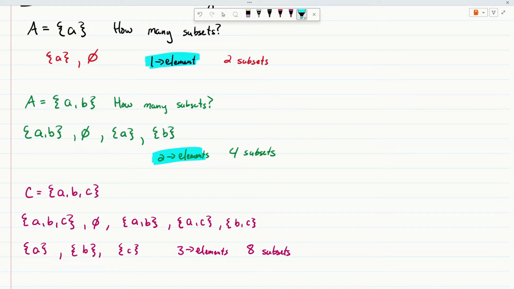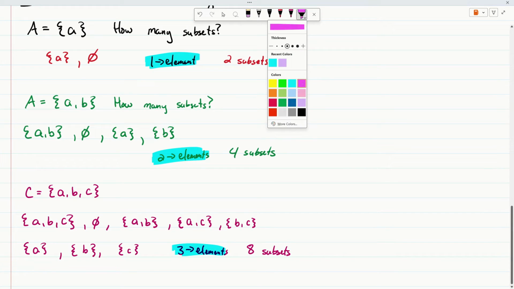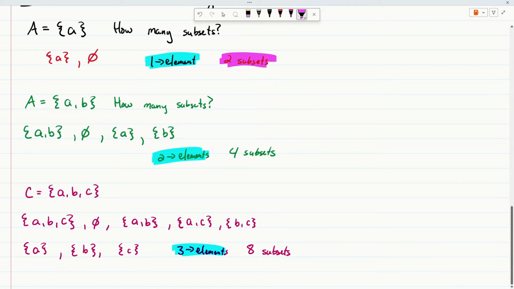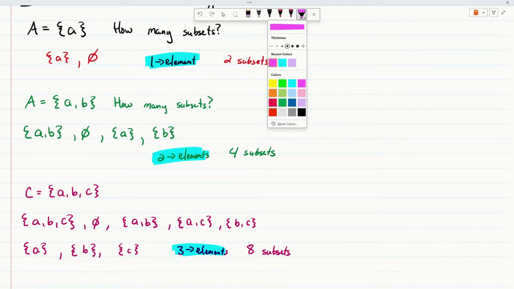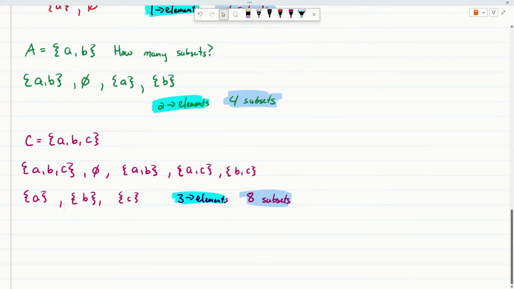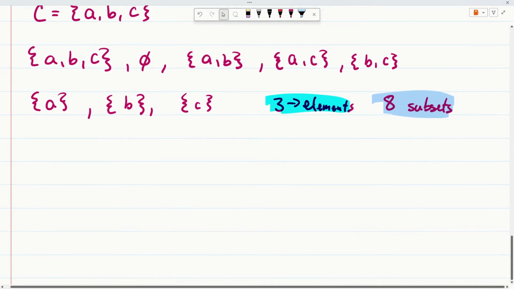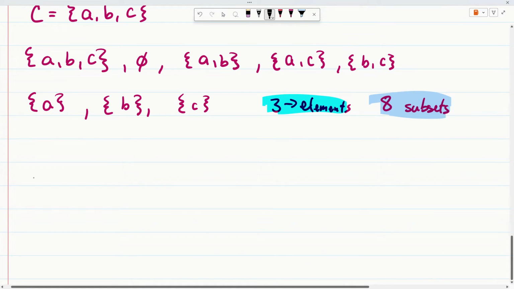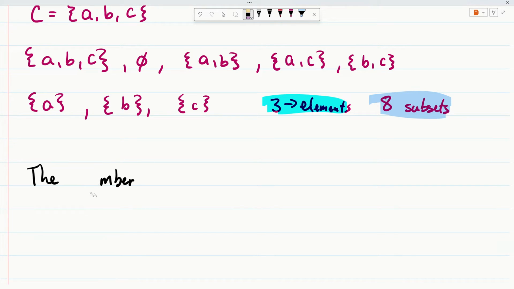Notice that as we increase the number of elements by 1, our subsets looks like it doubles every single time, which means we can create a formula. And here's our formula. Let me write it like this.